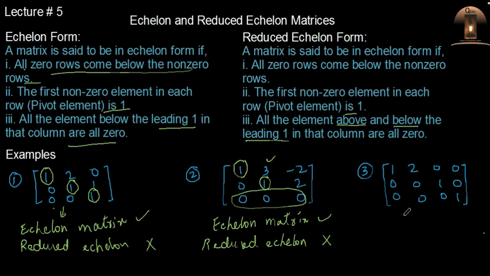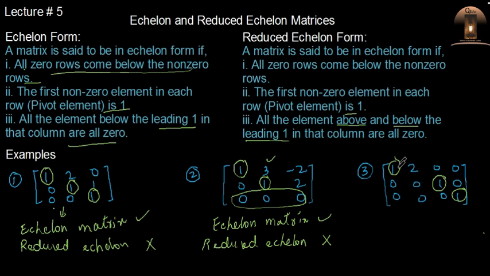Let us try out the third matrix, having the elements 1 2 0 0 0 0 1 0 and then 0 0 0 1. We see that there is no zero row and the pivot elements are 1 in the first row, 1 in the second row, and 1 in the third row. For echelon form, all the elements below each leading one are 0.